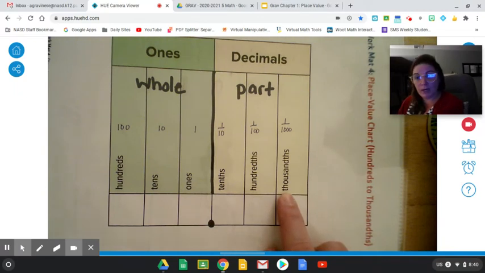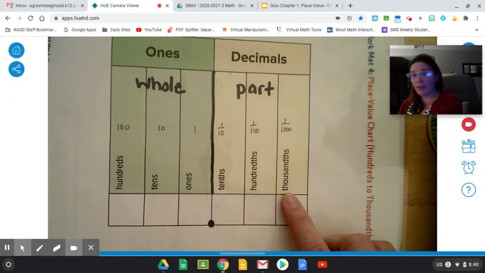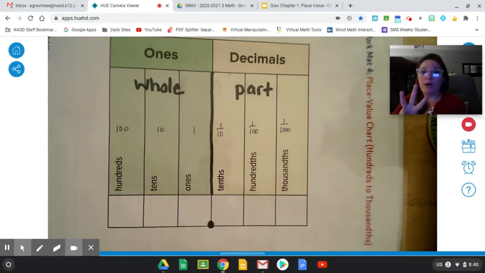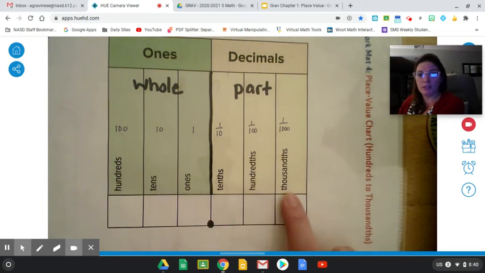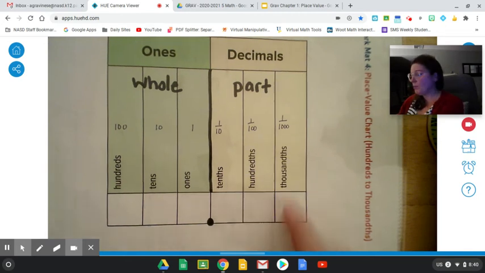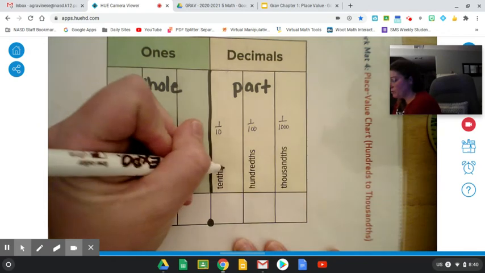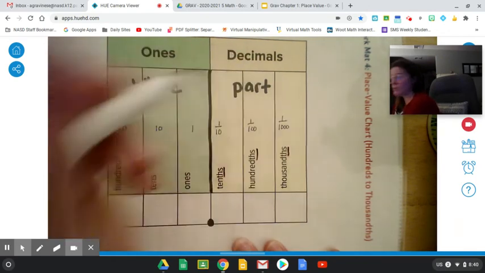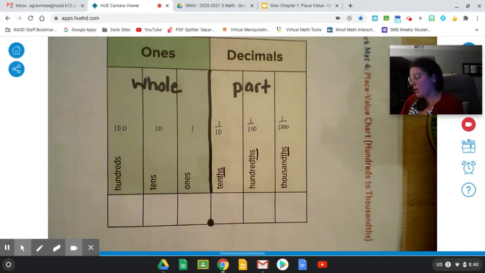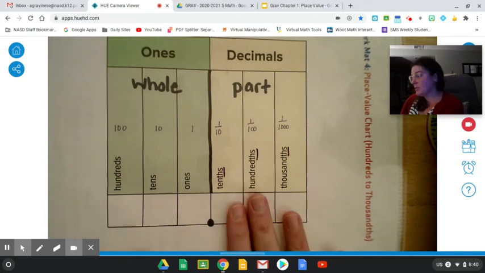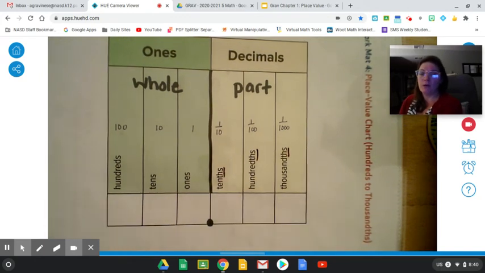My little trick, and I've said this in class, the thousandths is the third spot to the right of the decimal point. There are three digits in the thousandths. 1, 2, 3. Remember that in the decimal place values, all of those words end with THS. And that's how we know it's a decimal place value and not in the wholes.